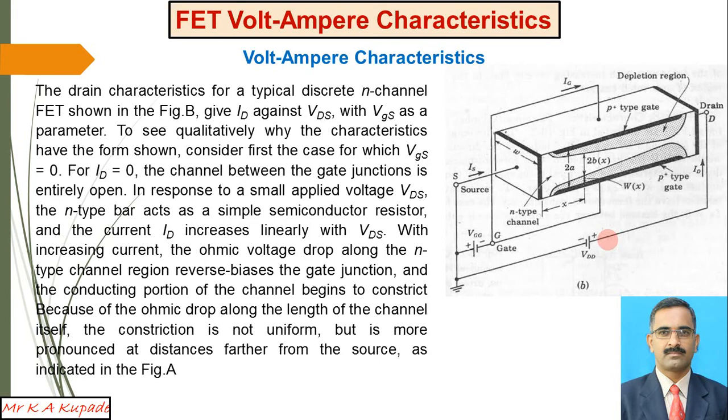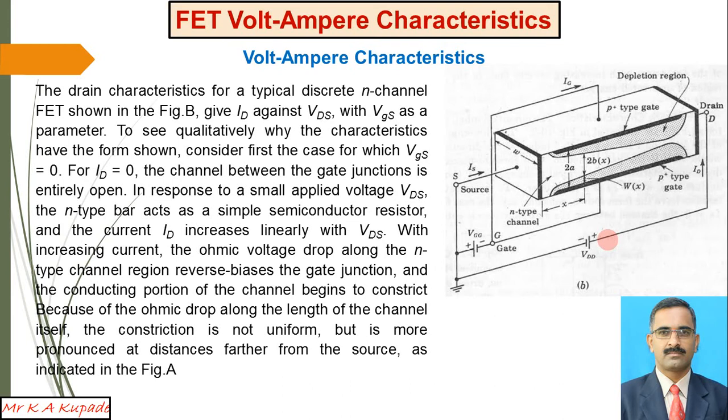If we apply a voltage between the source and drain, the N bar acts as a simple semiconductor resistor, and the current ID increases linearly with VDS.